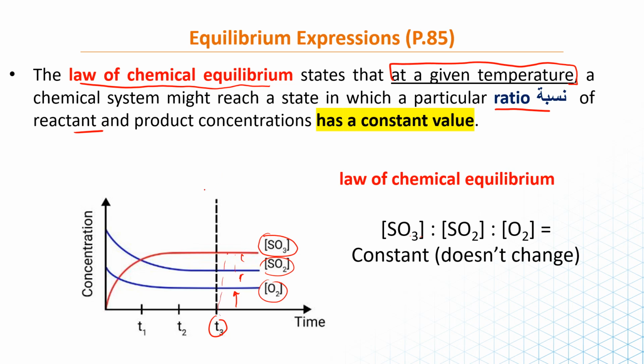I mean after equilibrium, it does not change, or it will not change. Alright? It will stay constant. That's the main point we are making here, guys. So that's the law of chemical equilibrium.